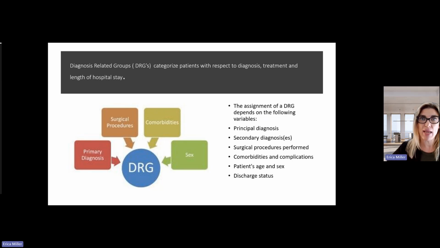We have to estimate an annual dollar amount when patients have these types of comorbidities or diagnosis related groupings. So DRGs, define a DRG. It's diagnosis related groups categorize patients with respect to diagnosis, treatment, and length of hospital stay.